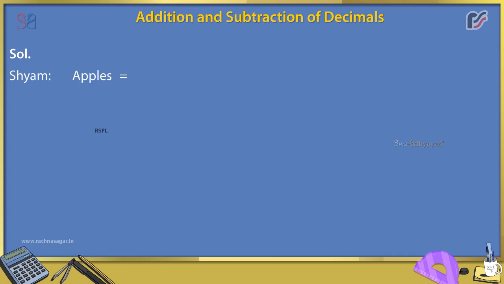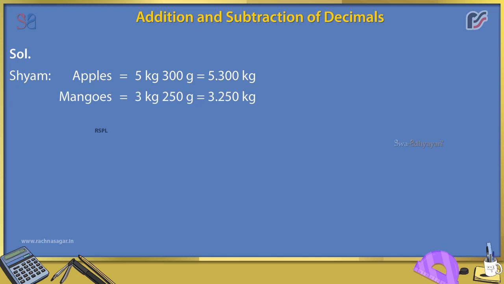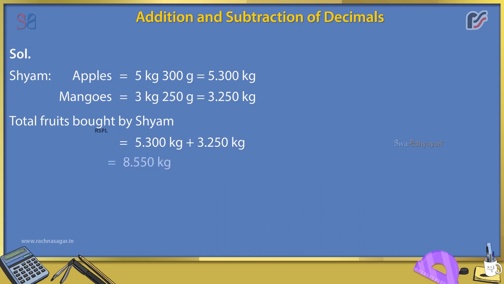Apples is equal to 5 kg 300 gram, which is equal to 5.300 kg. Mangoes is equal to 3 kg 250 gram, which is equal to 3.250 kg. Total fruits bought by Shyam is equal to 5.300 kg plus 3.250 kg, which is equal to 8.550 kg.